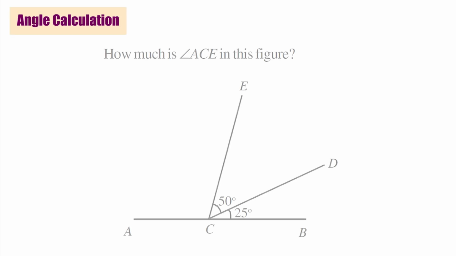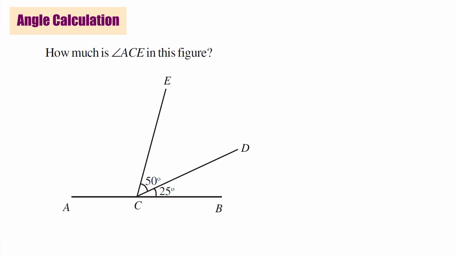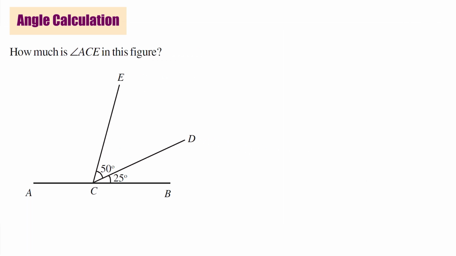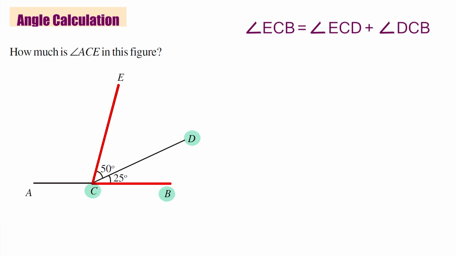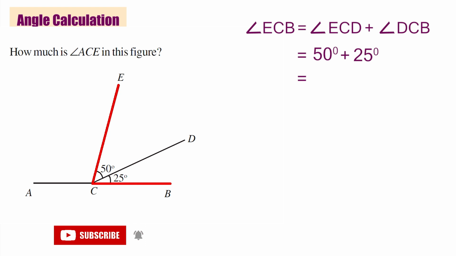Next, angle calculation. First one, how much is angle ACE in this figure? From this figure, we can write angle ECB is equal to angle ECD plus angle DCB. That is 50 plus 25, which is equal to 75 degrees.